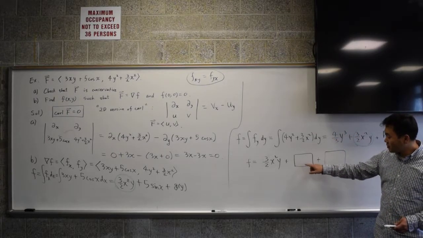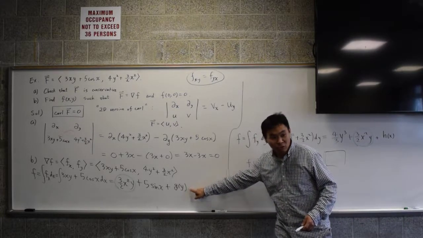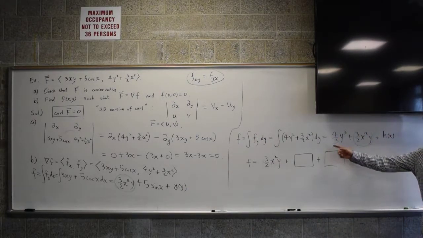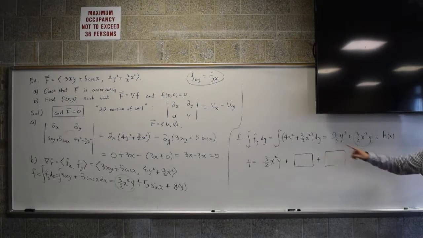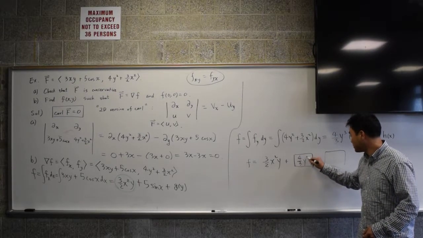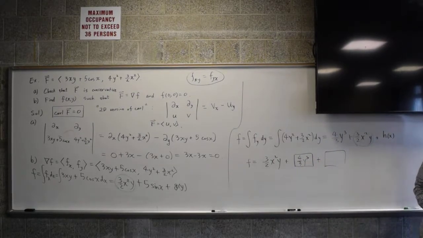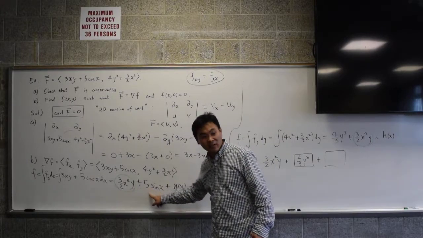So what's the function of y that's hidden from us? What is this mysterious g of y according to this description? 4/3 y cubed, right? So you know that it must be 4 over 3 y cubed. Okay? And then what is this mysterious h of x according to this description? It must be 5 sine x, right?